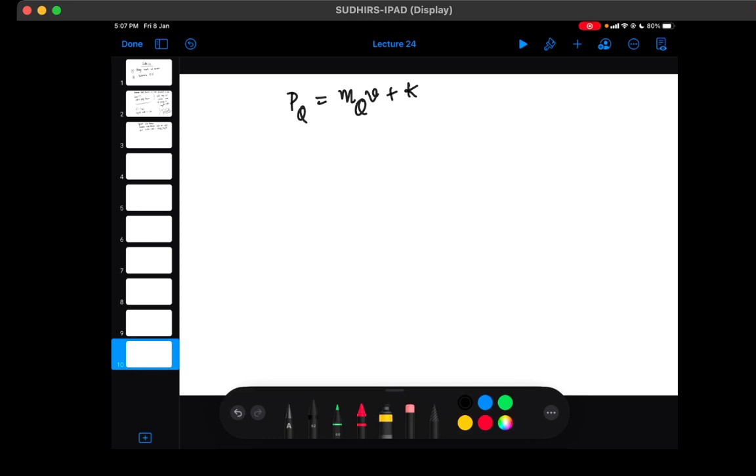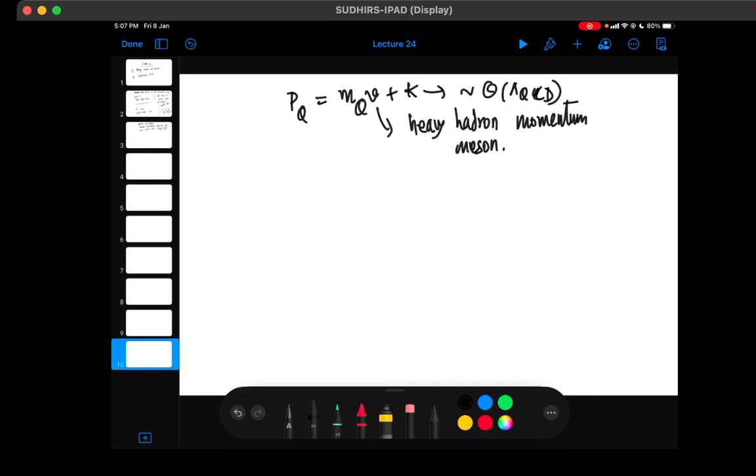Okay, this is the heavy hadron or heavy meson momentum, and k is of the order of lambda QCD, variations of the order of lambda QCD. So you can use this approximation and then use this in the propagator itself.